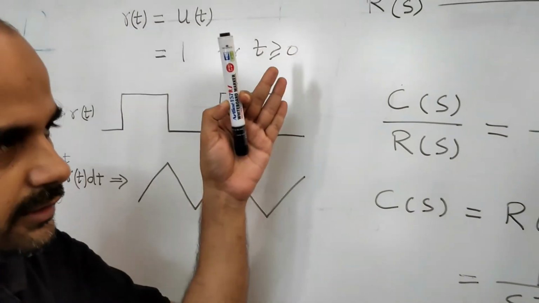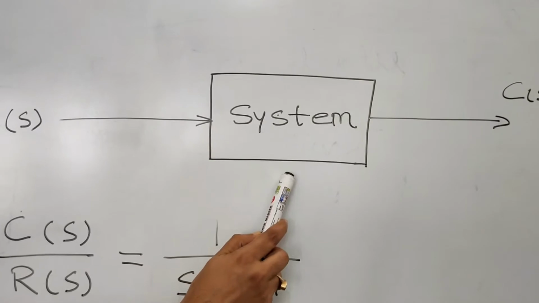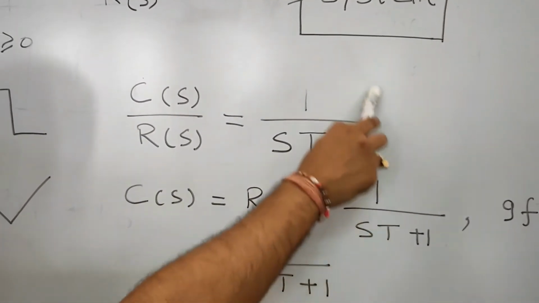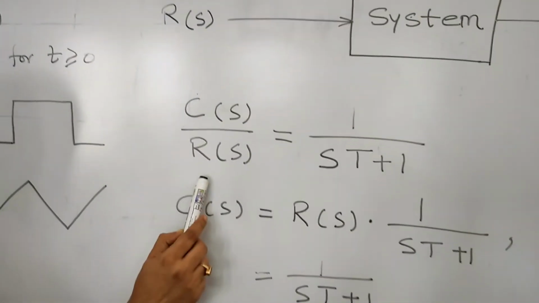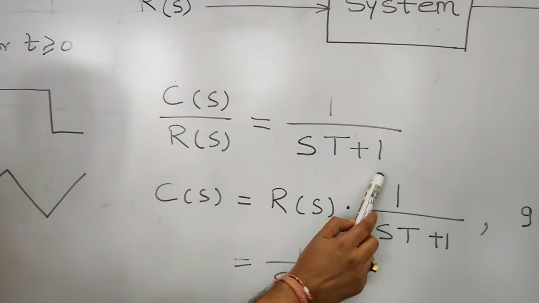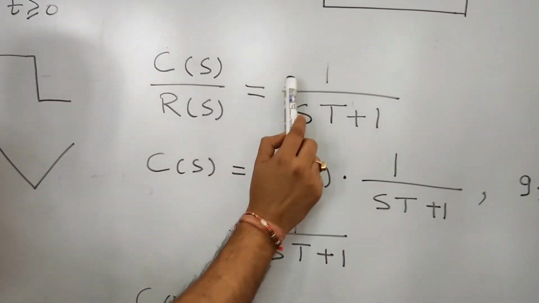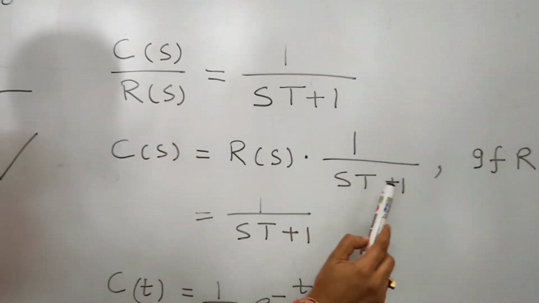So here I am considering a first order system, that is 1 by sT plus 1. The transfer function of this system C(s) by R(s) is equal to 1 by sT plus 1. If we cross multiply, then C(s) is equal to R(s) into 1 by sT plus 1.